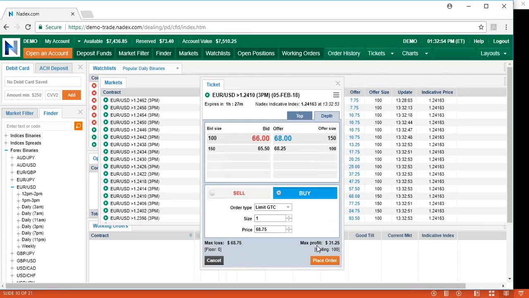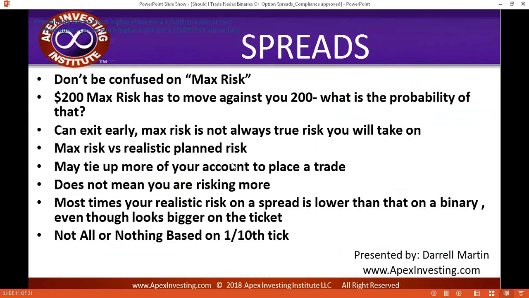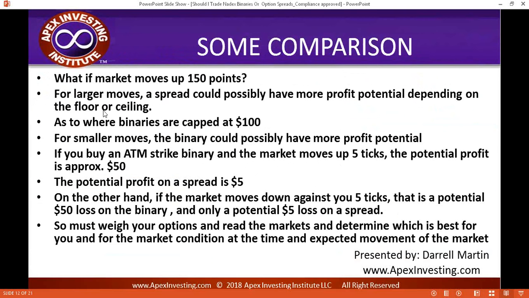But what if it's a trending market? What if the market's trending today, right? And I got this binary here, and I made 31 bucks on it. Well, I might be happy with making 31 bucks, okay? But what if the market moves up 150 points? What if the market condition that day is a trending market?